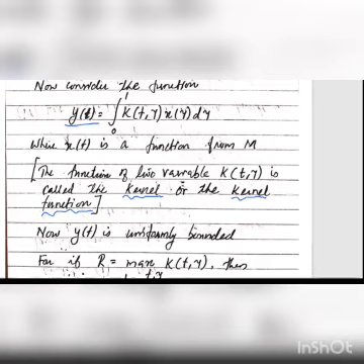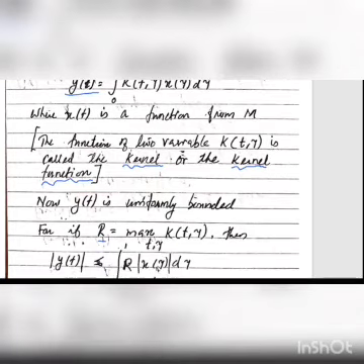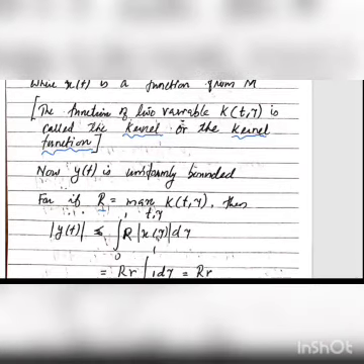Take the maximum value of your kernel function as R. Therefore, when you take the modulus of y(t), it is always less than or equal to the integral from 0 to 1 of the maximum of the kernel function, that is R, into the modulus of x(τ) dτ. We have already assumed that the norm of x is less than r.